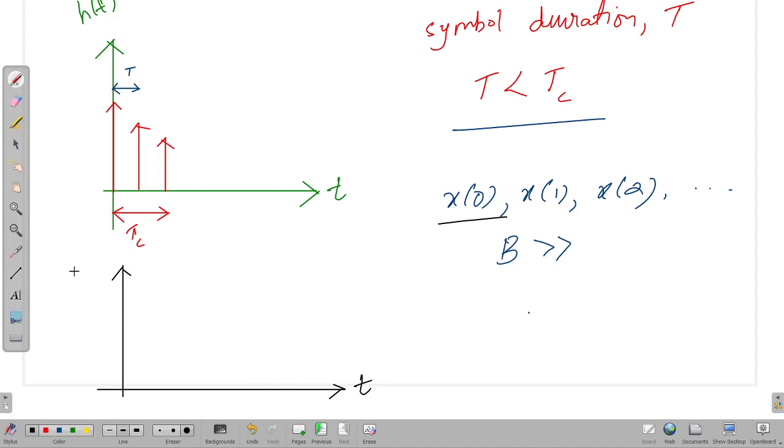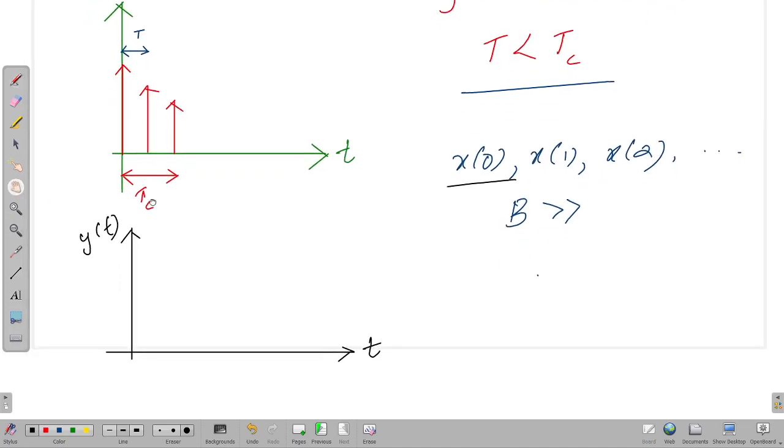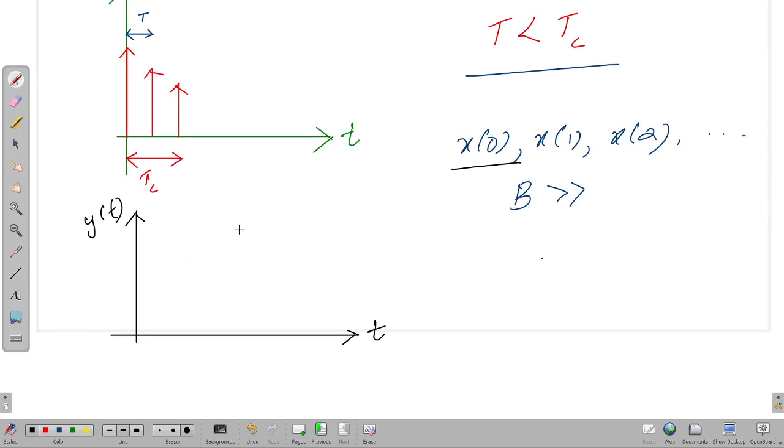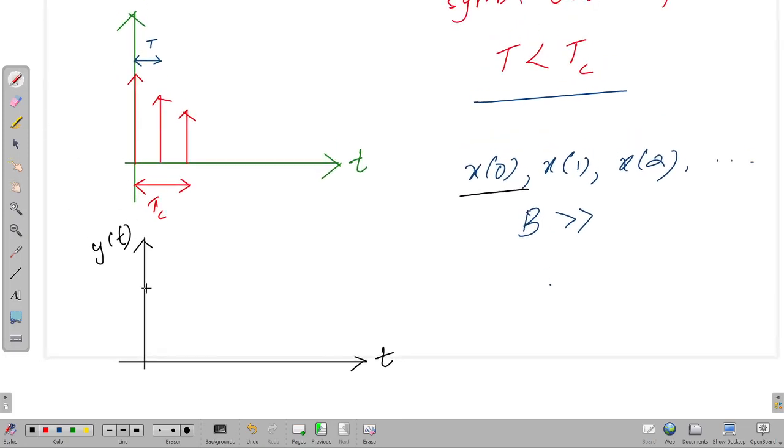You have the received signal denoted by y of t. So you transmit x0 and x0 reaches the receiver as 3 signal copies. The first signal copy is going to be x0 into h of 0.